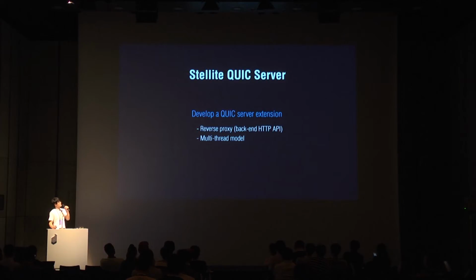Now let's move on to the Stellite QUIC server. Chromium provides a QUIC simple server to help developers try and test the QUIC protocol. However, it is not fit for use in a production environment. So we developed our own QUIC server extension. Key features of the QUIC server extension are reverse proxy and multi-threading.